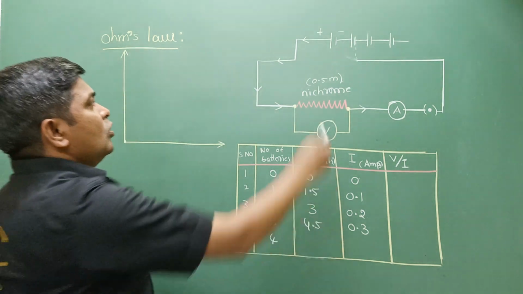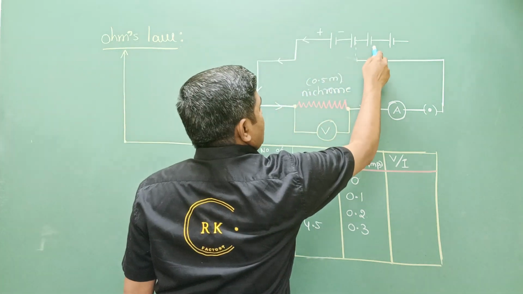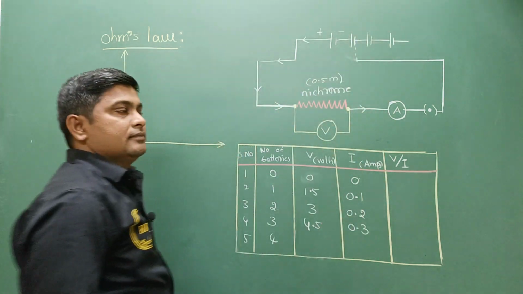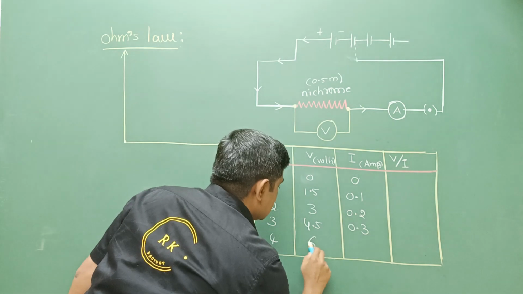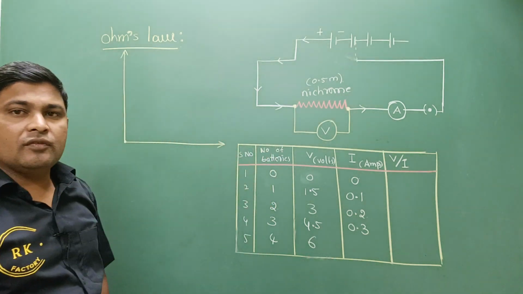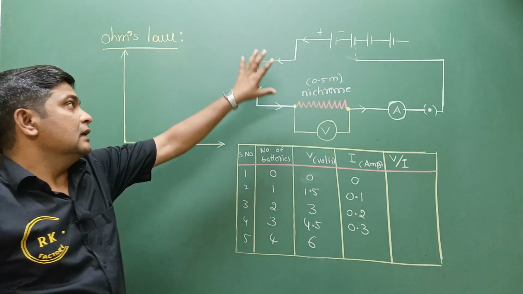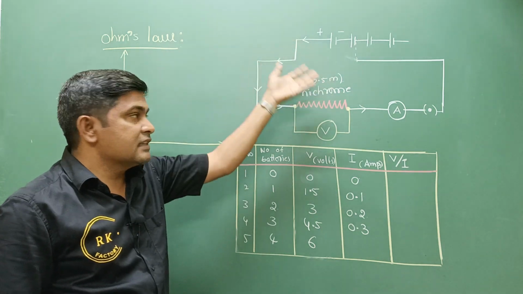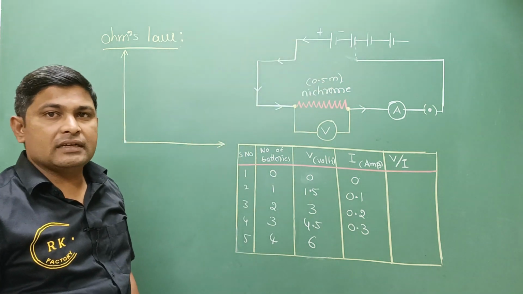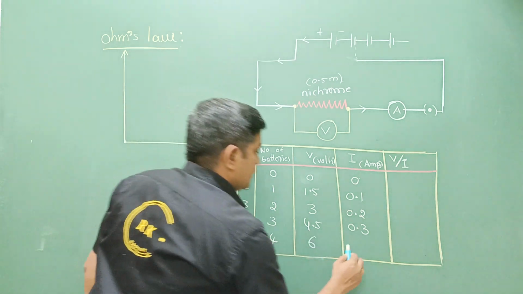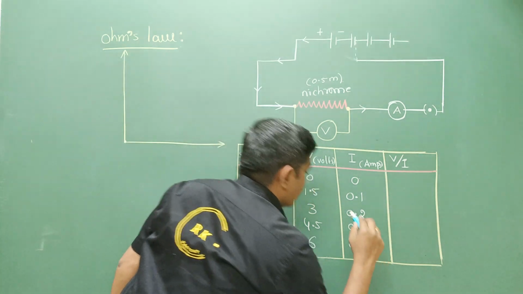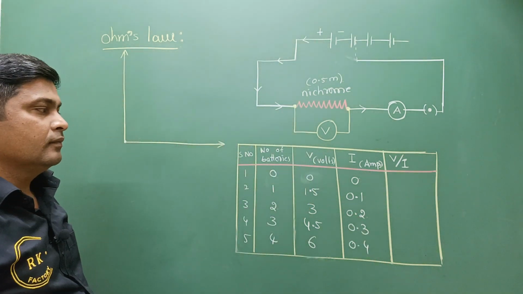In that case, 1.5 plus 1.5 plus 1.5 plus 1.5, totally it is going to get 6 volts. 6 volts of potential difference is created for the circuit when I have connected like this. Then here, if I say 0.4 amps.